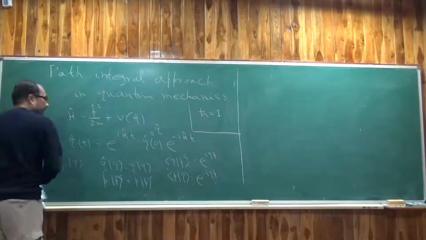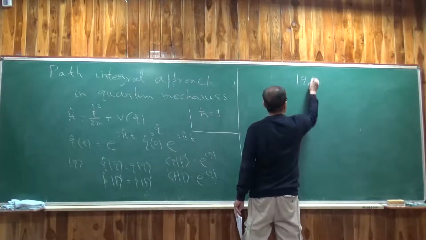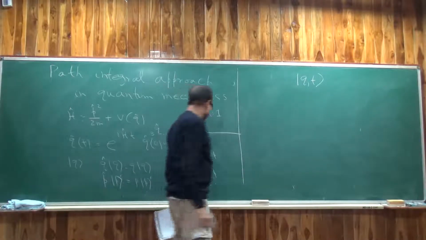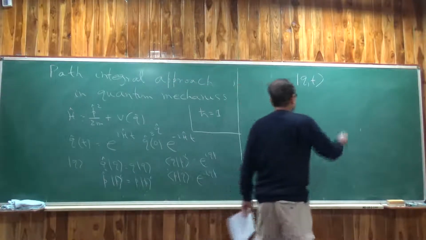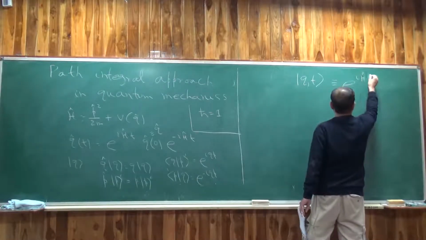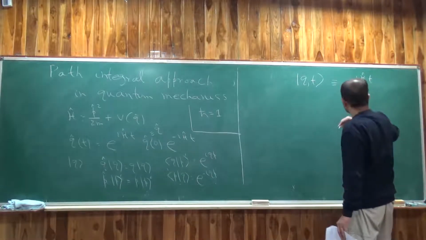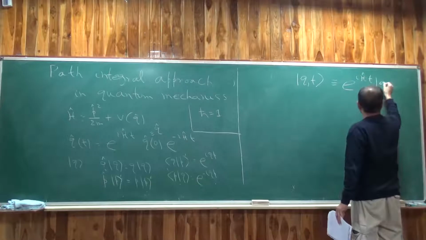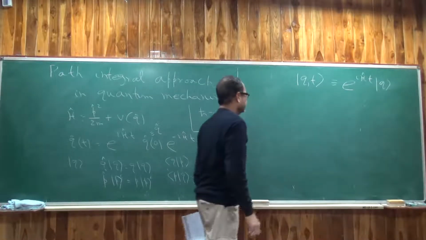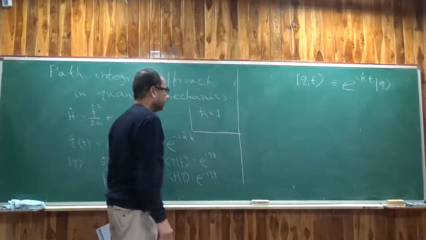So we'll also define a state which I will call |q,t⟩. This by definition will be e to the power i H-hat t acting on |q⟩.